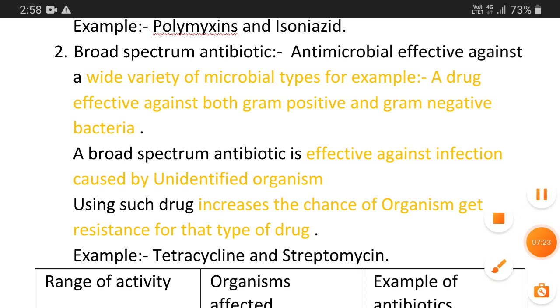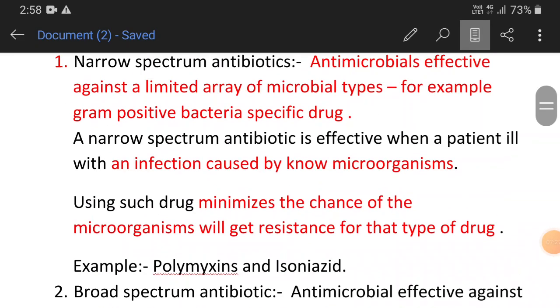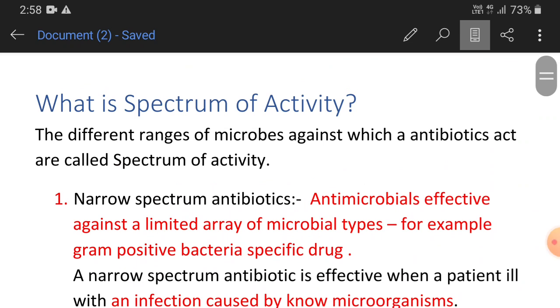So tetracycline, streptomycin. Clear? So that is the concept of spectrum of activity, that is, the different range of microorganisms which are affected by a particular antibiotic is called its spectrum of activity.